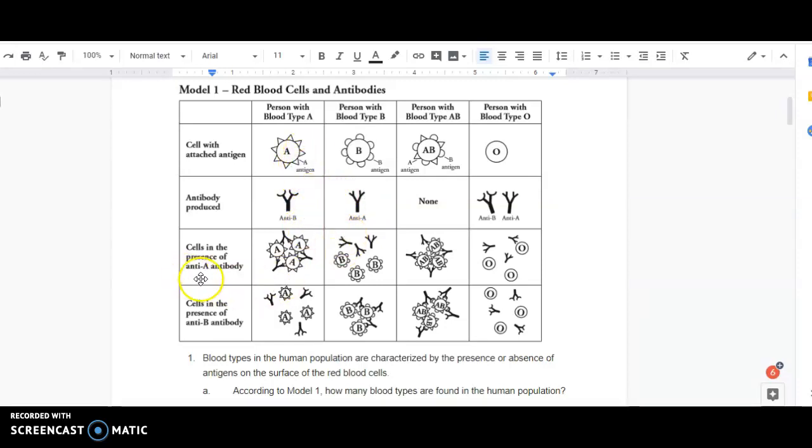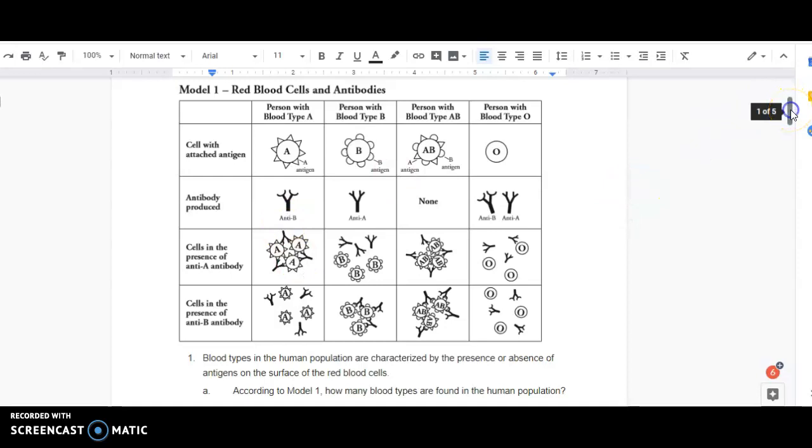So whenever you mix anti-A antibodies with A blood cells, the antibodies will attach to the antigens, and it will cause the blood cells to come together. And this is what we don't want to happen. This prevents the blood from flowing freely, and plus the antibodies are essentially marking the cells for attack.